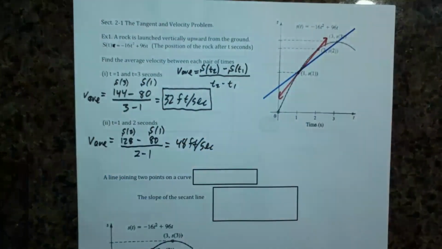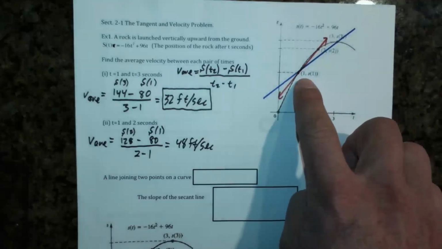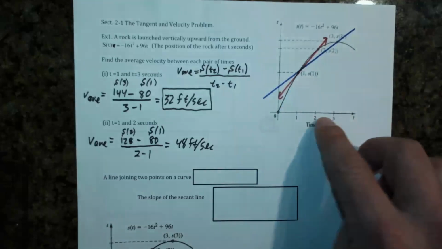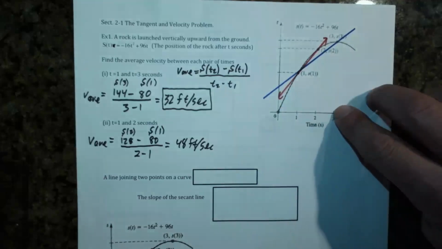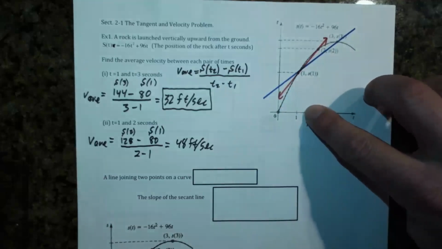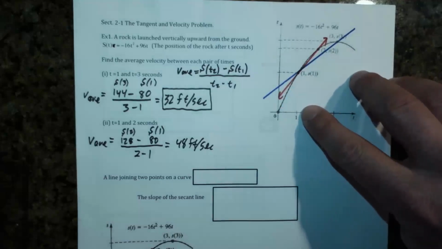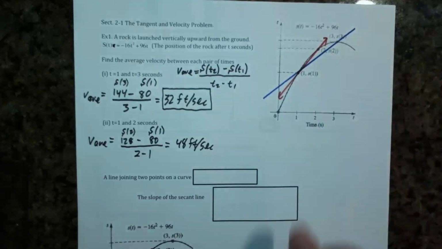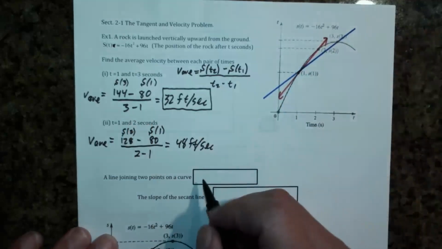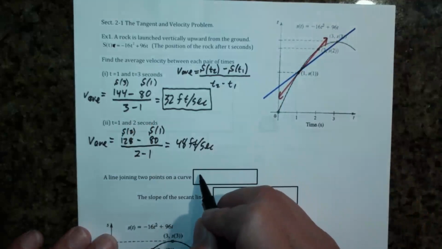Now, ideally, what we want to have is exactly 1 second. What is the instantaneous velocity? And you can see as we started with time 3, we went down to 2. And if we went to 1.5 and then 1.25 and then 1.1 and so on, we're going to get a smaller denominator, which in some cases could be a problem, but we're going to have a fancy way out of that. Now, these lines that I just drew here, these are called secant lines.